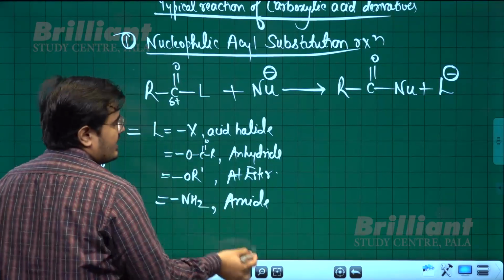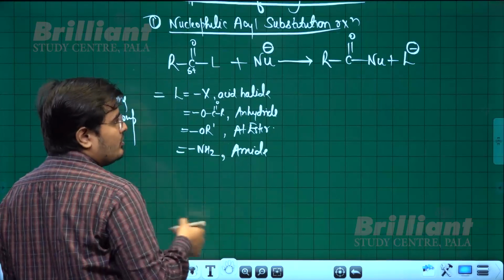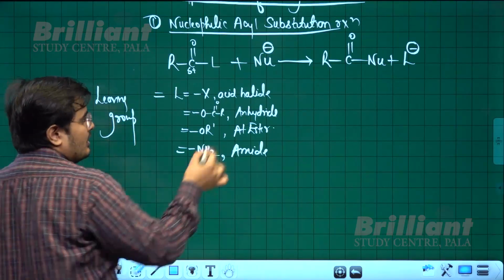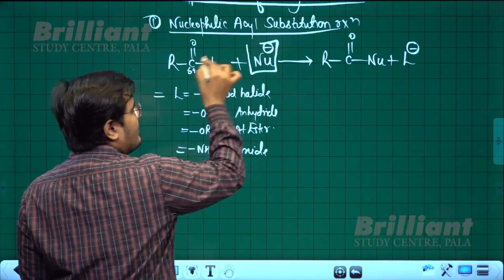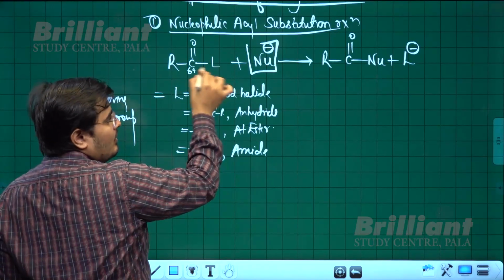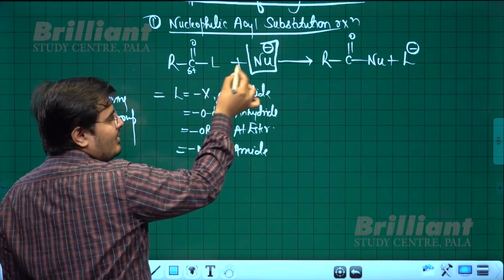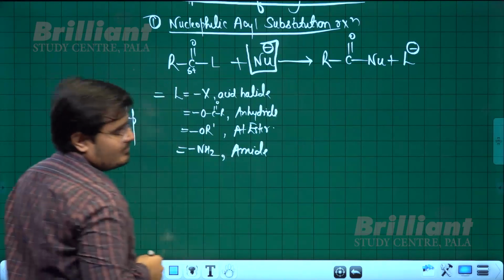So this reaction is an example of nucleophilic acyl substitution where a nucleophile attacked this RCOL, your carboxylic acid derivative, and it replaced the L group present.